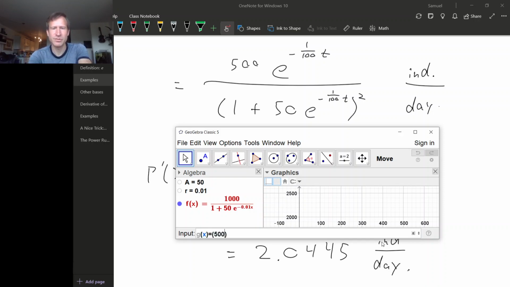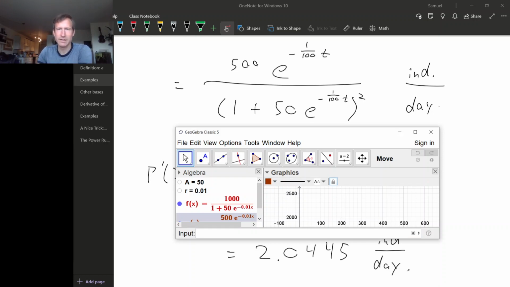So it's 500 times e to the negative 1 over 100 times t, I have to call it x to make GeoGebra happy, divided by 1 plus 50 times e to the negative 1 over 100 t, or x, and then squared.